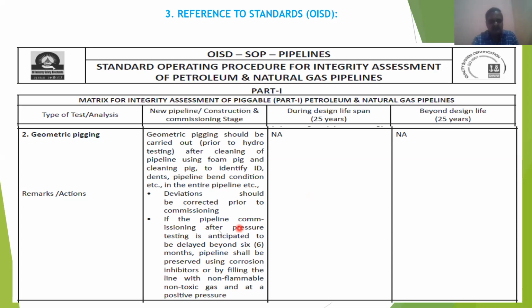In the sense, if you don't want to run the line immediately, or you may have to wait for 6 months after commissioning, in that case you should preserve the line by purging with non-toxic gases. Okay, this is what the SOP pipelines, OISD requirement says.